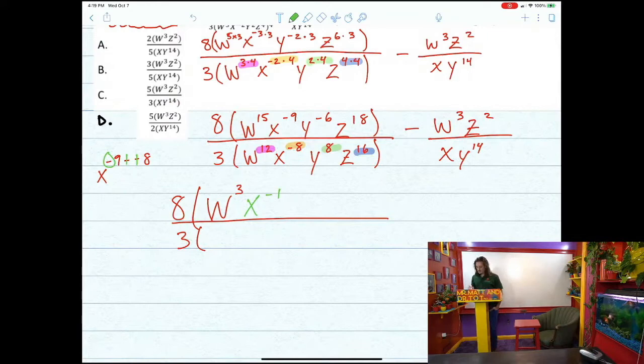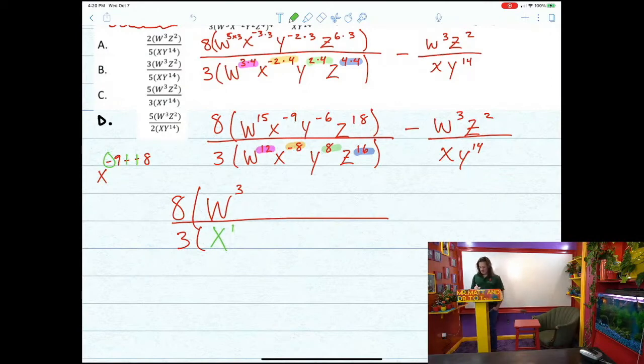Now if it's negative, you can either write it as x to the -1 in the numerator, or ultimately what this will turn into is that it really gets transferred to the denominator. So I'm going to go ahead and actually just write it in the denominator here. And it has a power of +1 now because I changed it. I flipped it into the denominator. So now it's going to be x to the +1 power.